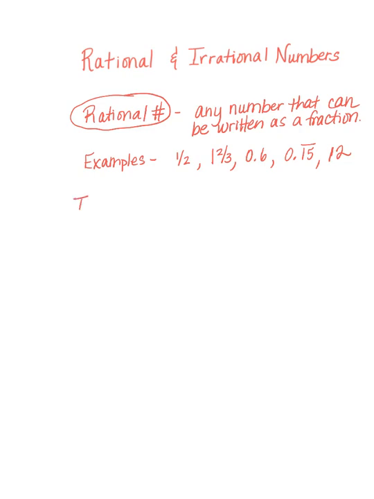Okay, now next let's look at what is an irrational number. The best way I can tell you what an irrational number is is to tell you what one looks like. An irrational number, by default, is the opposite of a rational number. It's any number that cannot be written as a fraction.